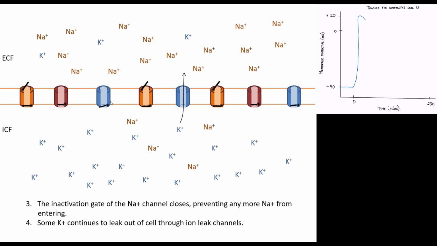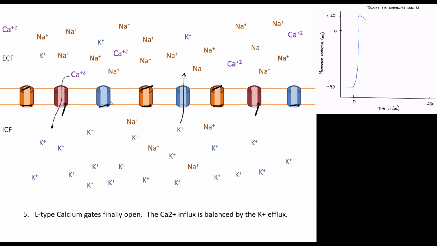But wait, our L-type calcium gates finally decide to get into the game, and those L-type calcium gates are going to open. So remember, L-type calcium gates are voltage sensitive. They respond to the depolarization, but they are slow to open.